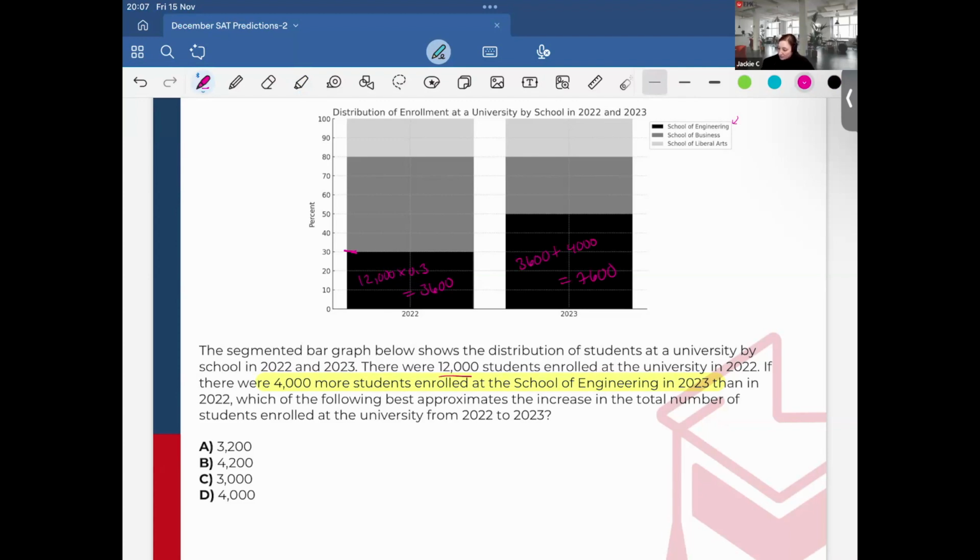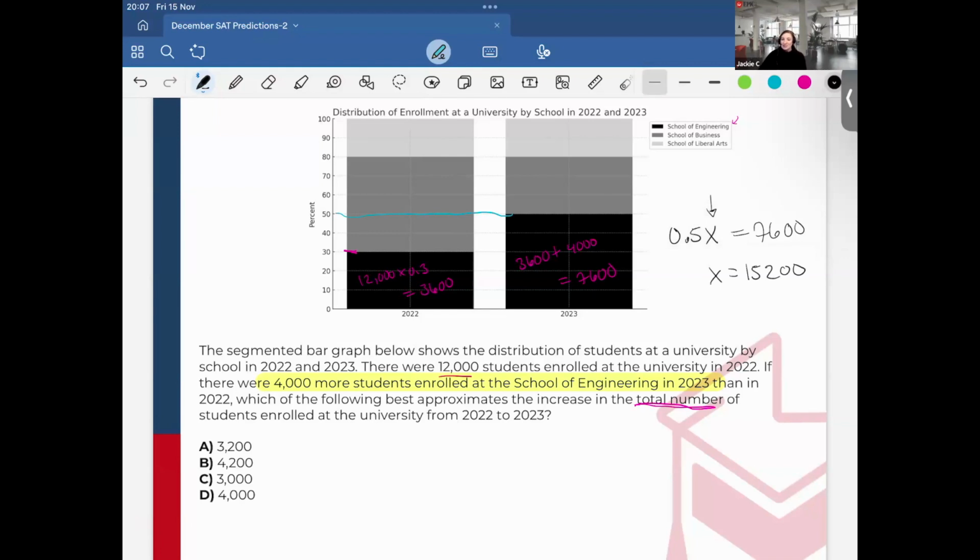And also, I want to see the increase in the total number of students. So here I can see this is at 50%. So 50% of the total students, X, what I'm trying to find, is equal to 7,600. Now I can divide each side by 0.5, and I get that 15,200 is the total students enrolled in 2023.